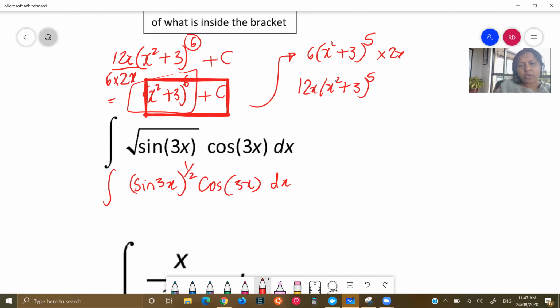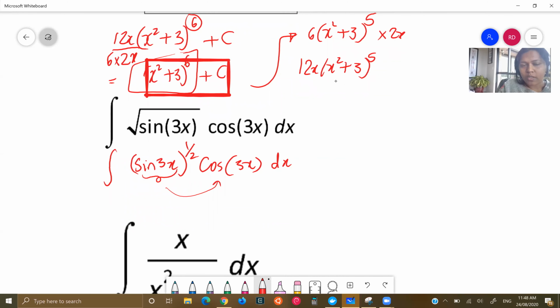So first and foremost, when you have a bracket to the power of something, the first thing I want you to check is if I differentiate what I have in the bracket, will I get what is there? If that's the case, then you know that it's reverse chain rule. So sine 3x, when you differentiate, is cos 3x. So we know that we are going the reverse chain rule route.